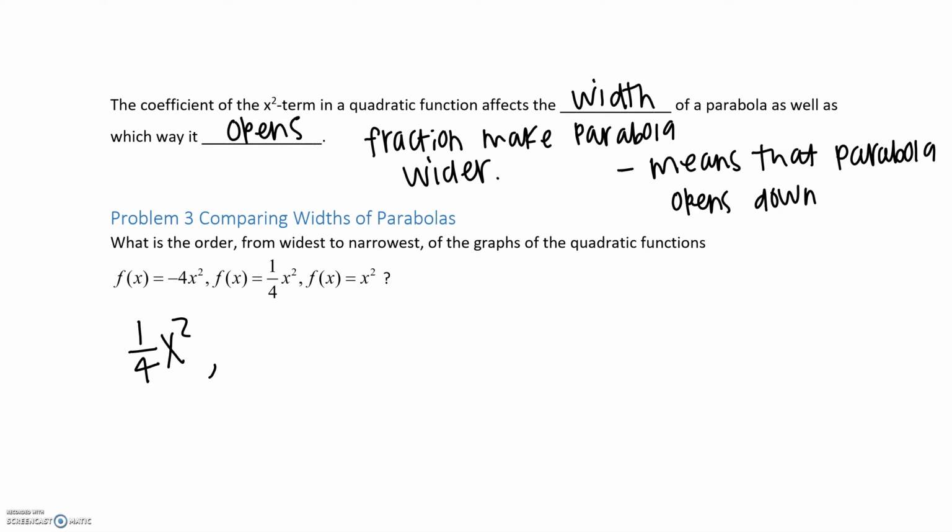So our coefficient on our x squared term is just 1, therefore that is going to be our next widest. And our coefficient on our first one is a -4, which is going to be our biggest coefficient, not necessarily a positive coefficient, but just the coefficient itself makes it narrower.